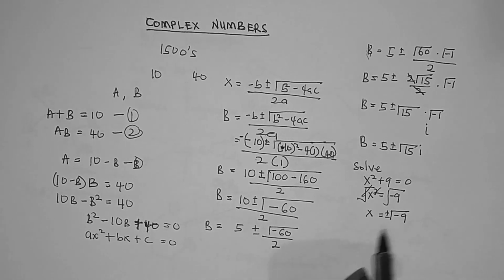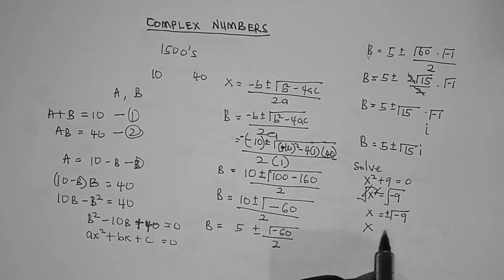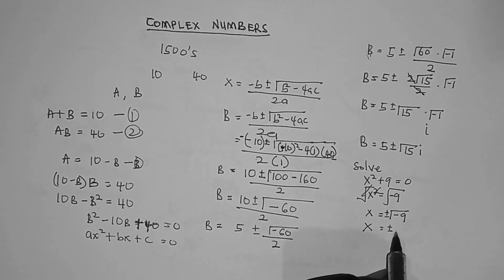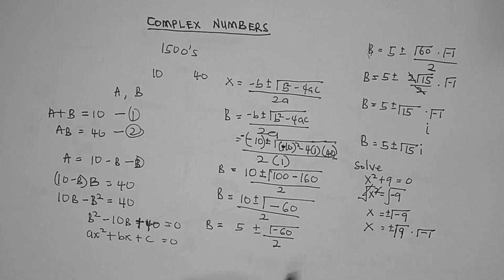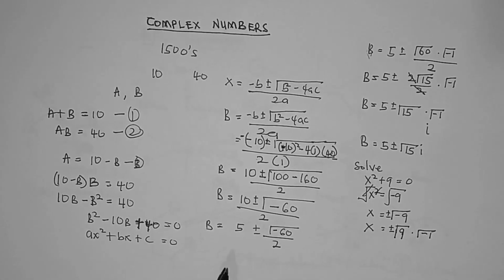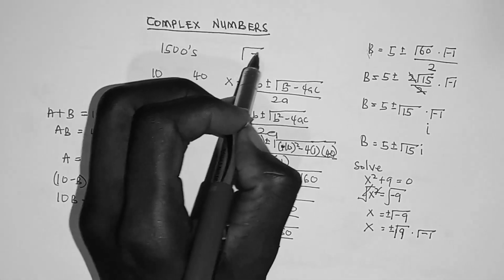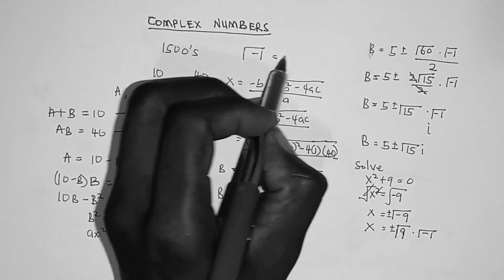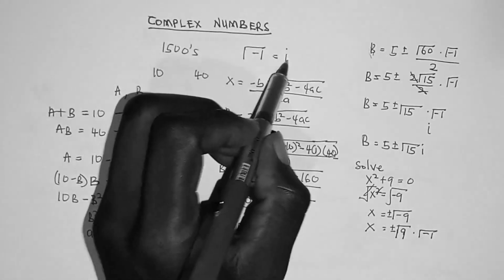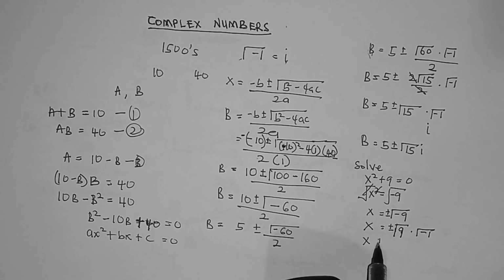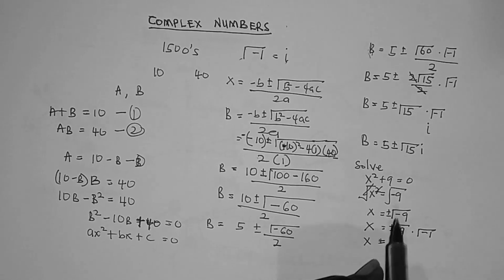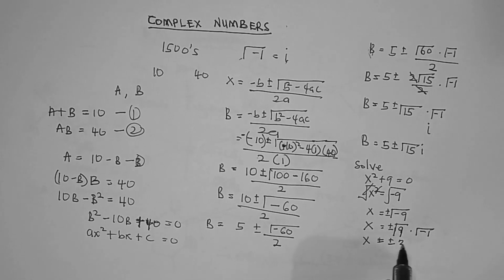Therefore, we say x is equal to plus or minus square root of 9 times square root of minus 1, factorizing the square root of minus 1 out. And we've said that square root of minus 1 is equal to i, or in other words, i is equal to square root of minus 1. So x is equal to plus or minus 3i, since square root of 9 is 3.